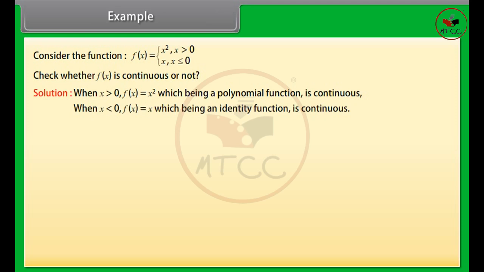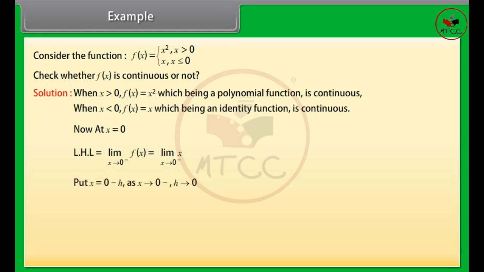When x is less than 0, f of x is equal to x, which being an identity function is continuous. Now the only doubtful point is x is equal to 0. Left-hand limit: limit as x approaches 0 minus of f of x is equal to limit as x approaches 0 minus of x.